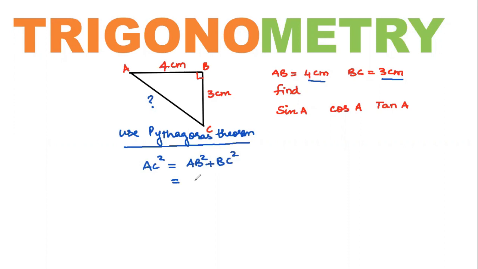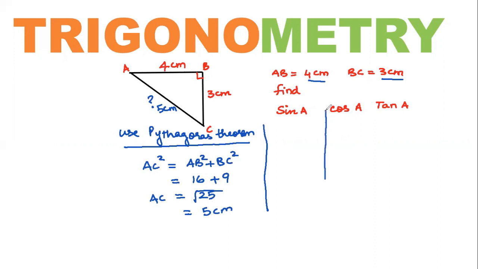AB is 4, so 4 squared is 16. BC is 3, so 3 squared is 9, which makes 25. So AC will be equal to root 25, which is 5. So we got the hypotenuse as 5 centimeter. Now you need to find sine A. Sine A is opposite upon hypotenuse.